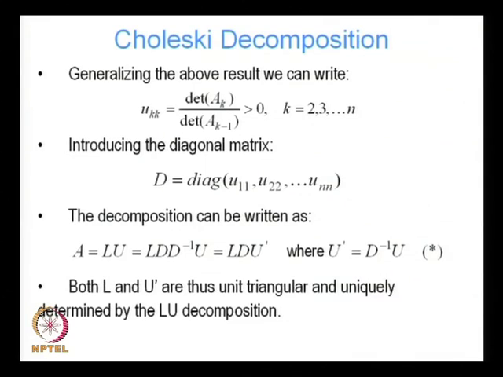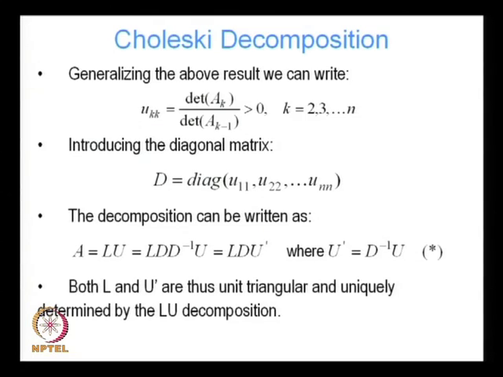L by definition has 1 on its diagonal, so L is unit triangular. And now that we have defined U prime equal to D inverse U, U prime is also going to have unit values on its diagonal, because D inverse contains the inverse of the diagonal elements. So U prime is an upper triangular matrix, the only difference with U being that it has 1 on its diagonal.